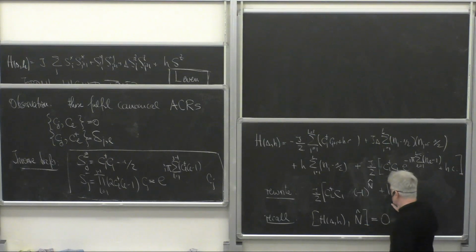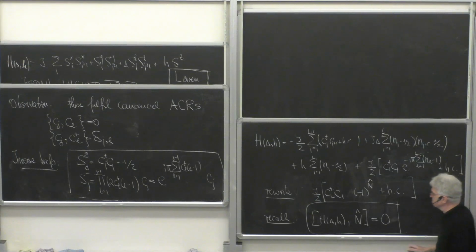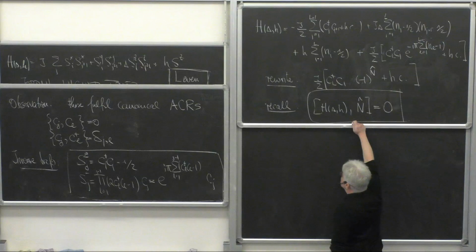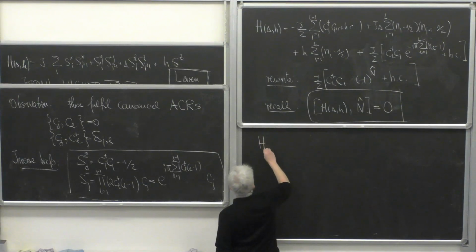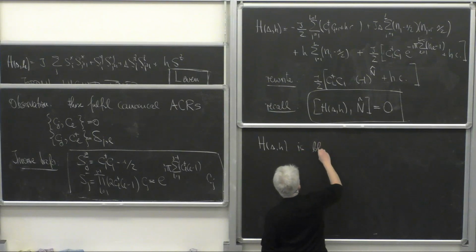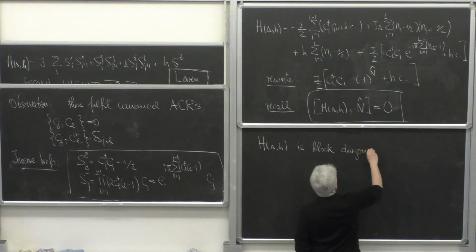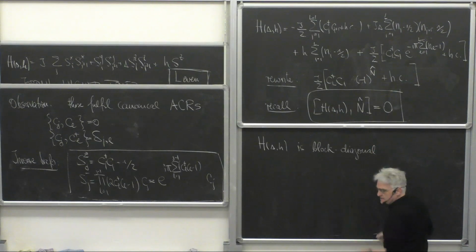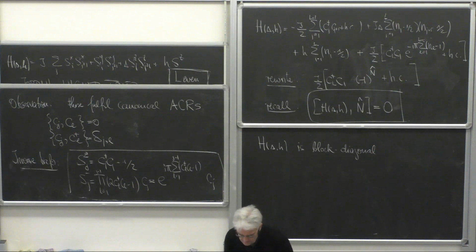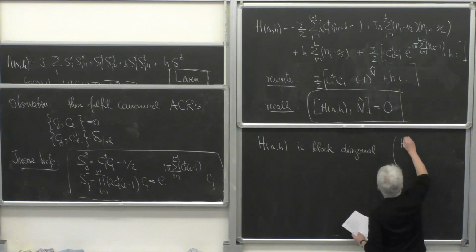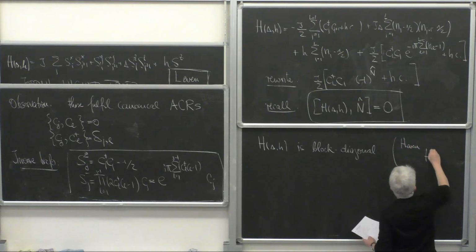Okay, so the Hamiltonian commutes with the total number of fermions, which means H is block diagonal. I can basically write it like so: H even, H odd.